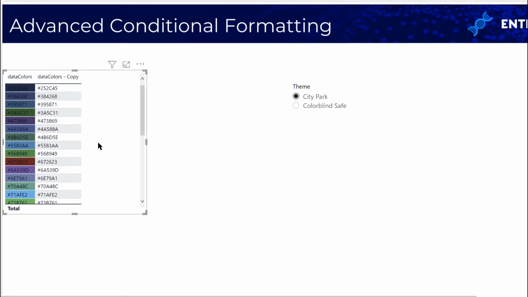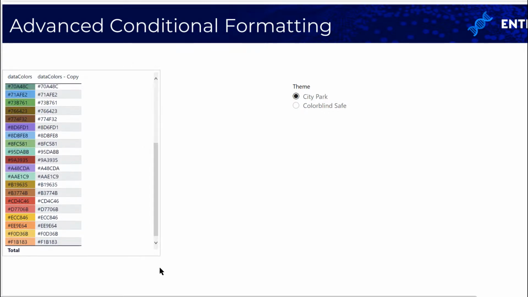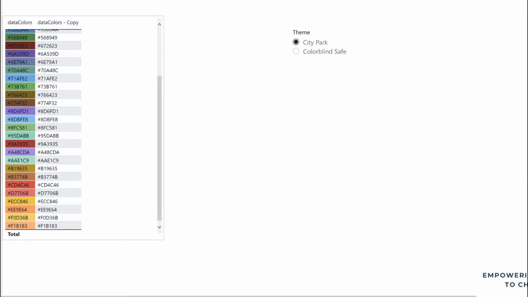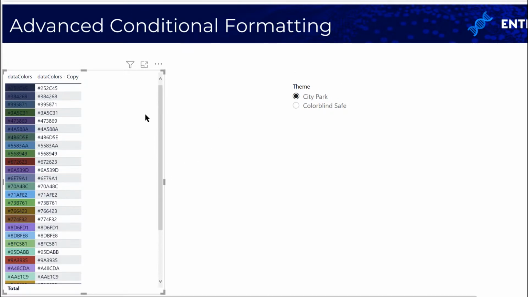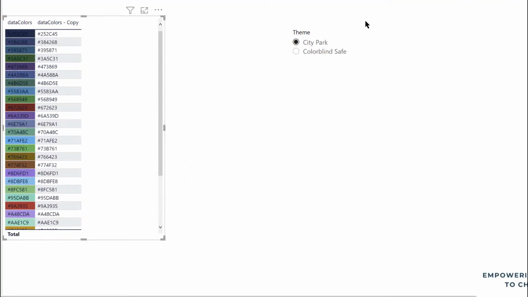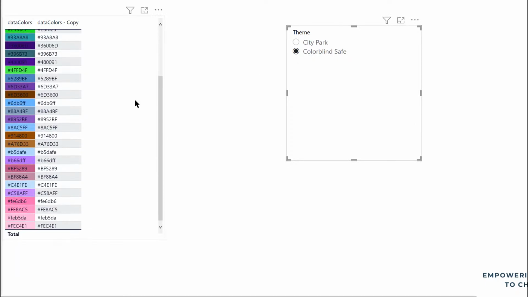And what we see there is, as we scroll down, we go from dark to light, and the dark ones are not really readable from a font standpoint because they're too dark, and then the light ones get better. And then if we switch to colorblind safe, we see kind of a mix here.